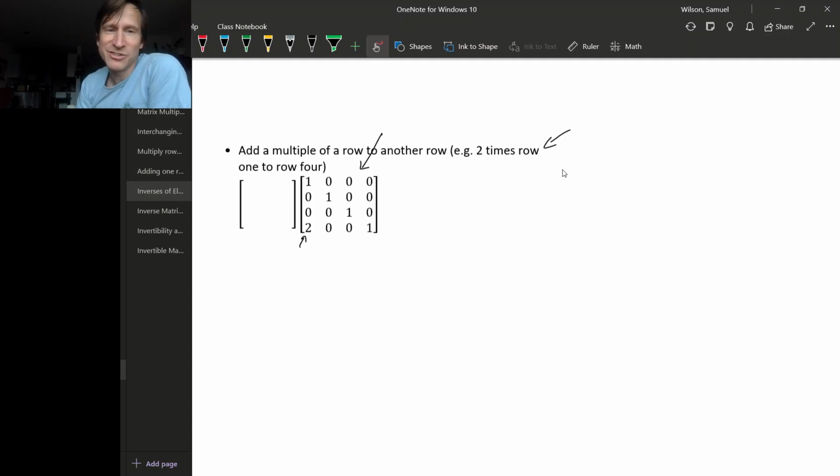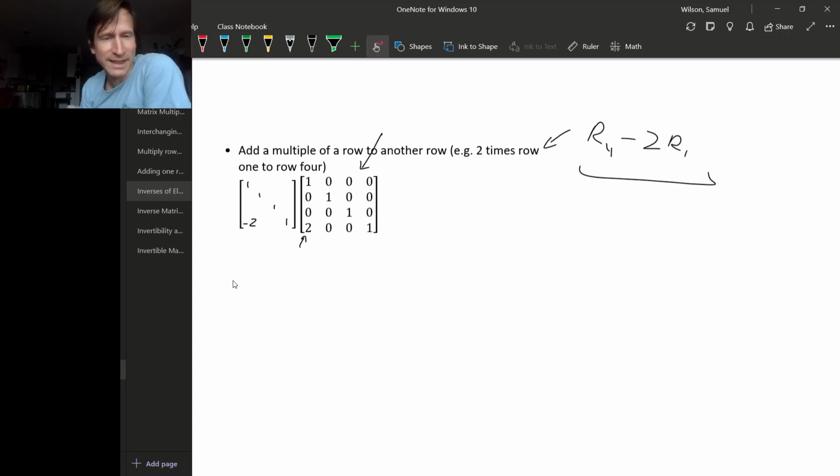Well, if we added 2 times row 1 to row 4, then to undo that, we should take row 4 and subtract 2 times row 1. That would undo this row operation. So what is the matrix that embodies this row operation? Well, it's 1 down the diagonal, and then instead of adding 2 times row 1, we subtract 2 times row 1 from row 4, like that.